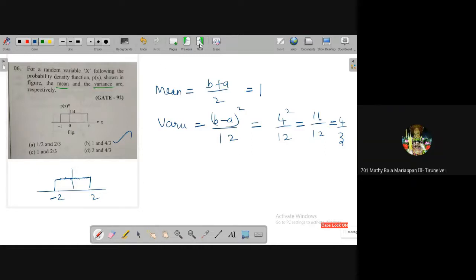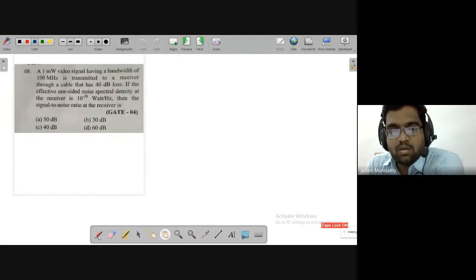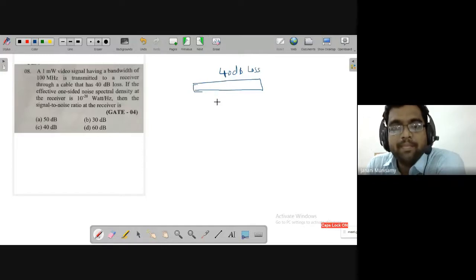Yes, sir. So next, a 1 milliwatt video signal having a bandwidth of 100 megahertz is transmitted to a receiver through a cable that has a 40 dB loss. Say this is the cable, it is having 40 dB loss. So whenever I transmit the signal, the loss present in the entire cable is 40 dB.